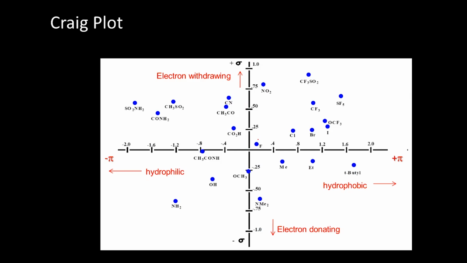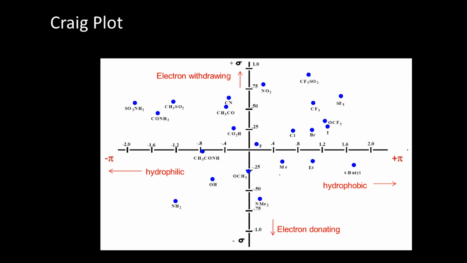Positive sigma, positive pi. This is negative pi, negative sigma. So different substitution groups, as you can see, NO2 falls here. It's got a very high electronic effect and very low pi. If you look at fluoro, very low sigma and pi. If you look at SF5, sulfur with 5 fluorines, it's got high pi as well as reasonably high sigma.